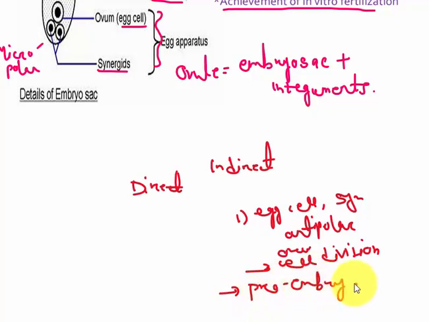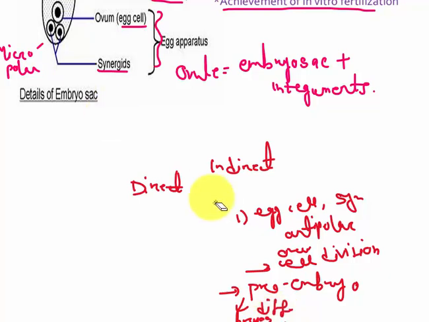Okay, and then that will differentiate into the embryos. Then the differentiation occurs and there will be the formation of embryos. Okay, so this is the direct method.